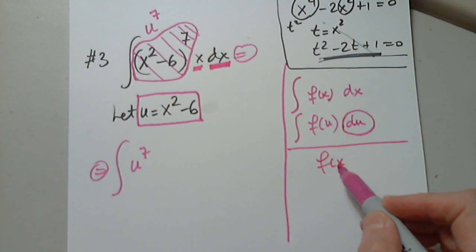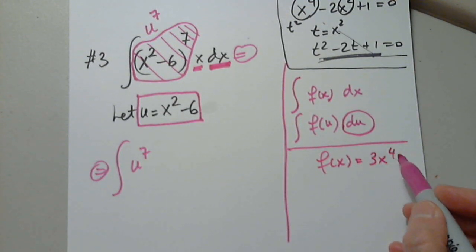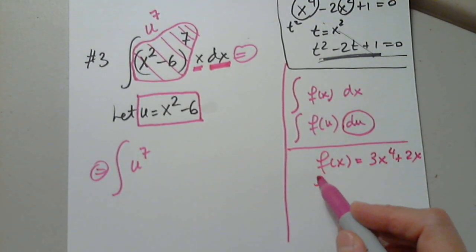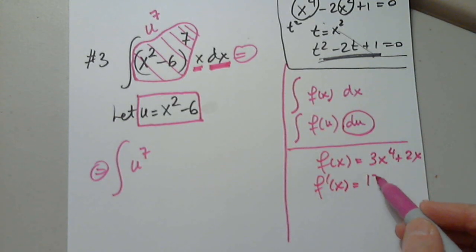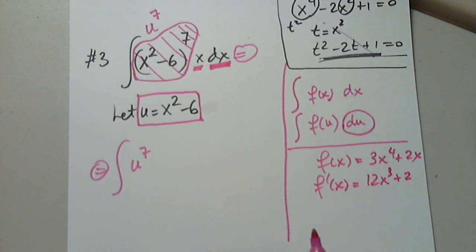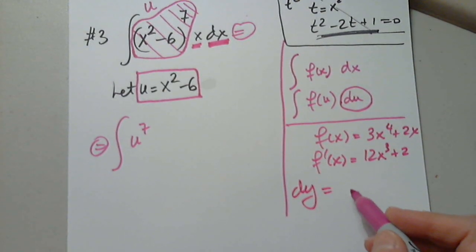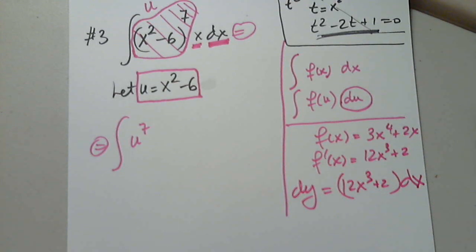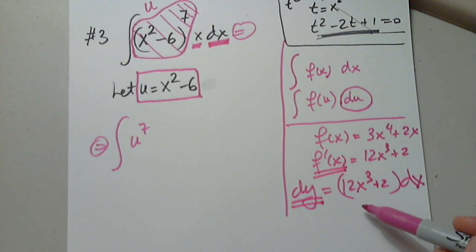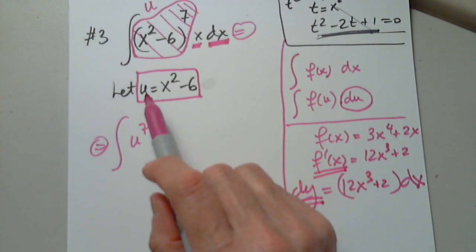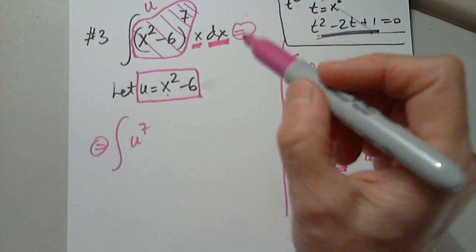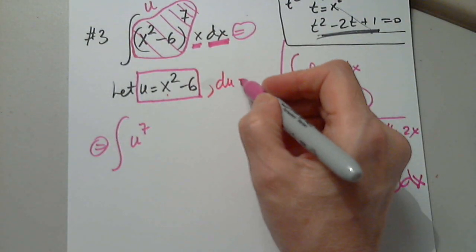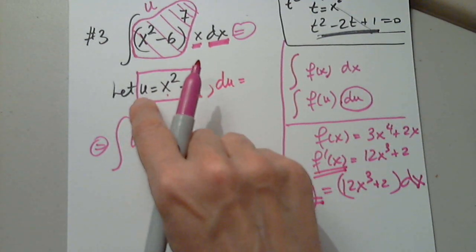If I have a function that is 3x to the 4th plus 2x, f prime, I know you will tell me, is 12x cubed plus 2, but dy is 12x cubed plus 2 times dx. So this is a differential, and this is a derivative. They're not the same. So once we use the substitution x squared minus 6, can anyone tell us how much is du, the differential of this function?